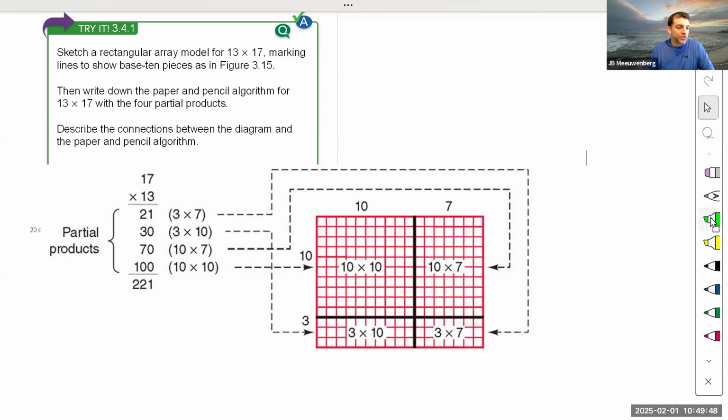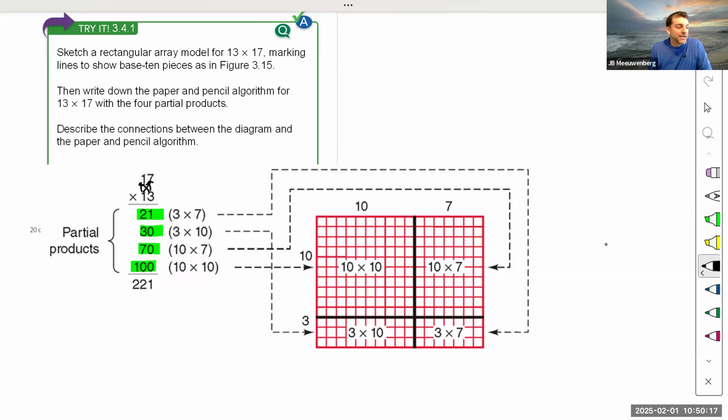Let's examine these pictures again. 13 times 17, your partial products should have been 21 from doing 3 times 7, 30 from doing 3 times 10, 70 from doing 10 times 7, and 100 from doing 10 times 10, right? So these partial products are shown with the 4 different ways we do multiplication in our traditional algorithm.